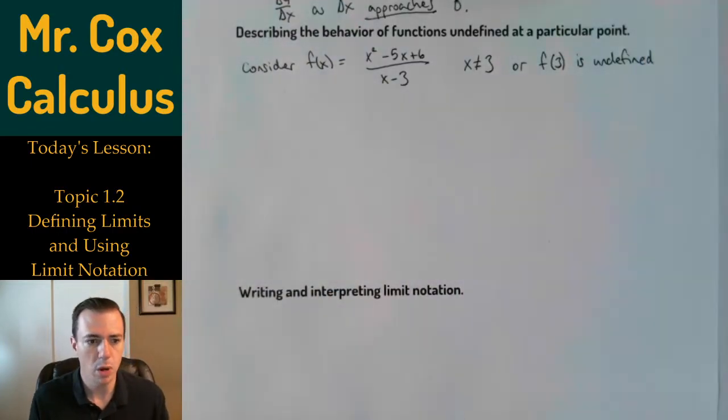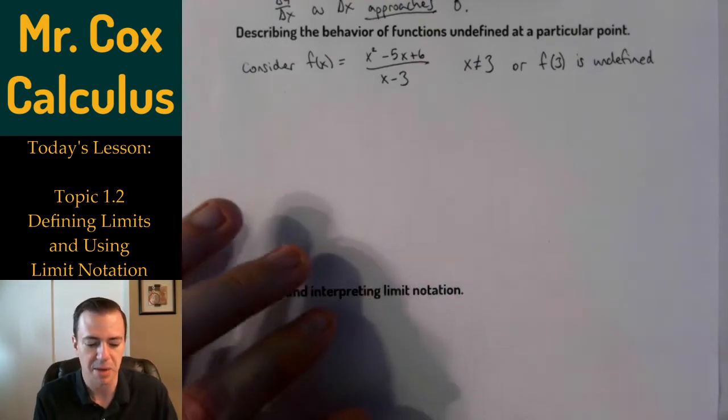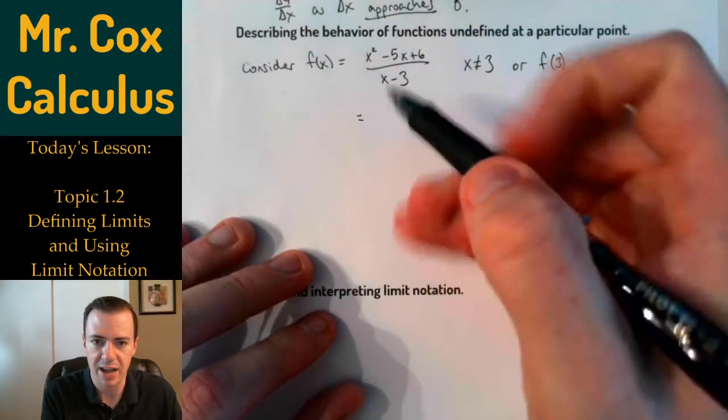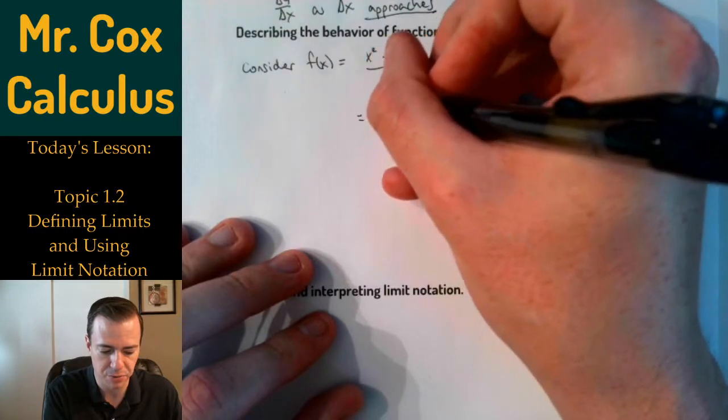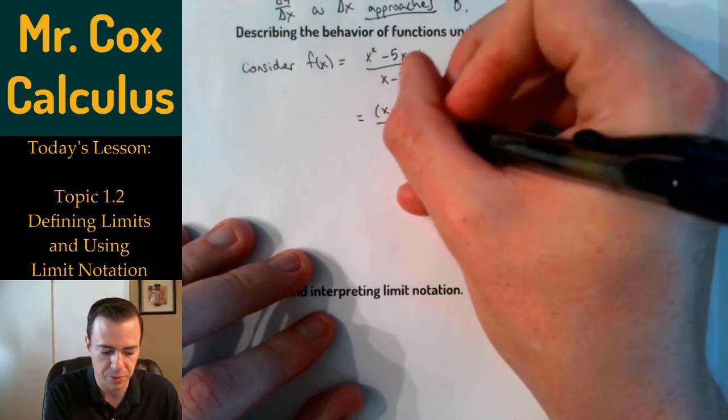But what I really want to do is describe the behavior of this graph as x is approaching 3. I know at 3 the value is undefined, but maybe I can say some things about this function as x is getting closer to 3. Well, I notice the numerator factors. It factors out as x minus 3 times x minus 2 all over x minus 3.